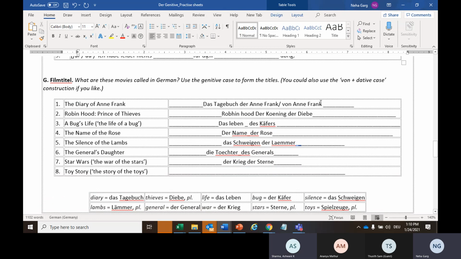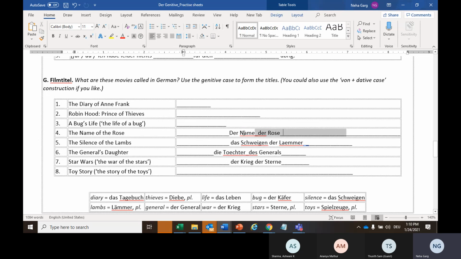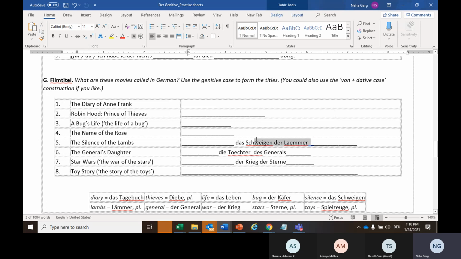Verstanden? Okay, now before we wrap up the class, I want all of you to do one more exercise. Here we have some English sentences and you have to write them in German. Is it possible?